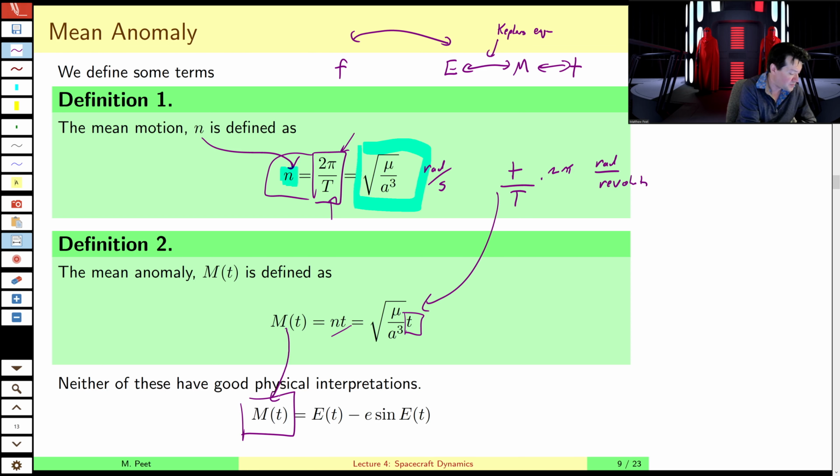So instead of having the square root of mu over a cubed times t on the left-hand side, we've got mean anomaly. You could skip that step and go straight, but the solvers we come up with for solving Kepler's equation work with mean anomaly because it converges quicker. So we do that scaling conversion first.